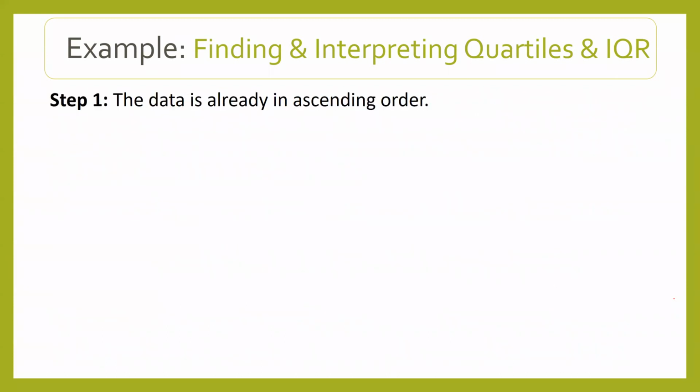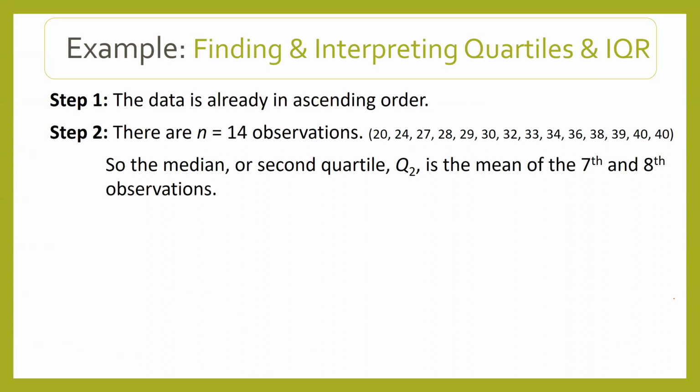So let's follow the steps we listed earlier. The data is already in ascending order, so we are good. Step one, there are 14 observations. So in order to compute the median, if you watched my previous video, you need to take the two middle numbers, which are the 7th and the 8th observations.